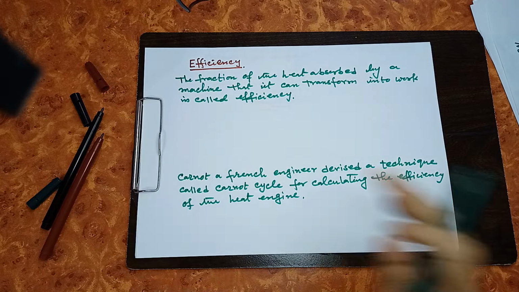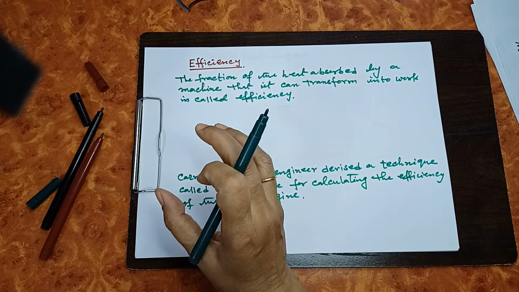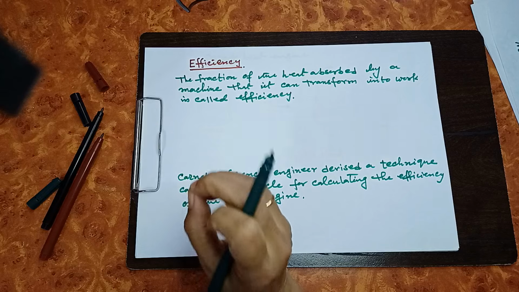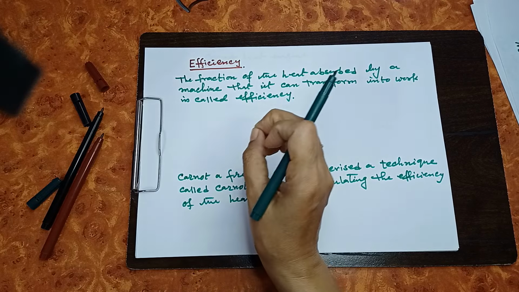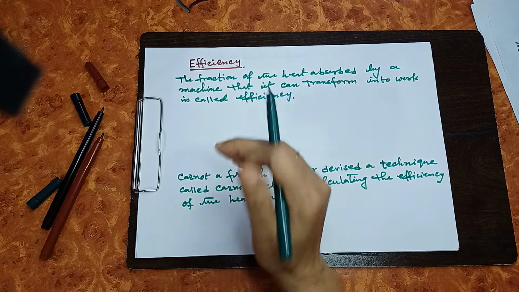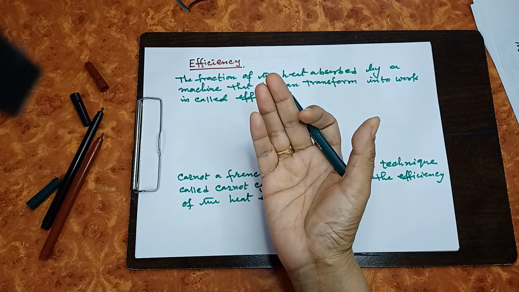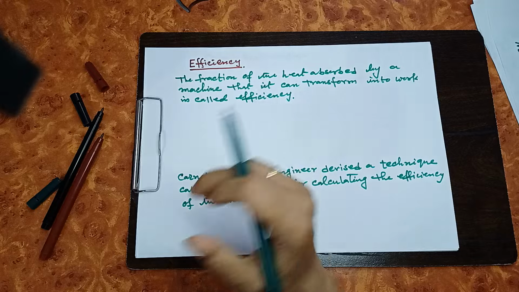So now we have come to the new term, that is efficiency. As I told you, no heat engine can convert 100% of the absorbed heat to mechanical work. That means the heat engine must have some capability or efficiency to what extent it can convert heat to mechanical work. Some machines will convert more, some will convert less.